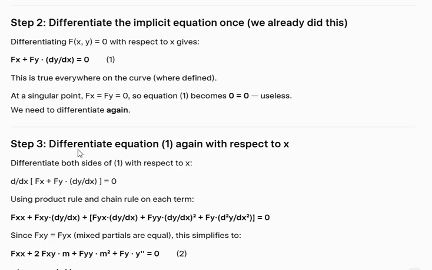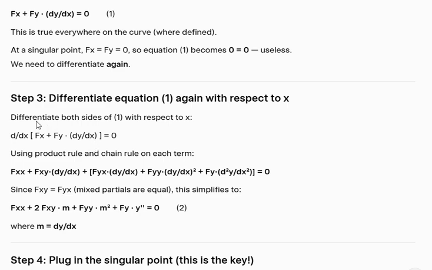Therefore, we can apply the chain rule here, and also the product rule on each term, because of the d by dx of f of x first.